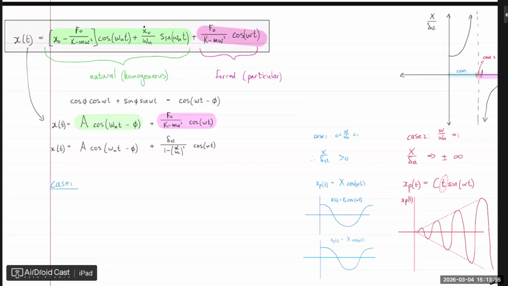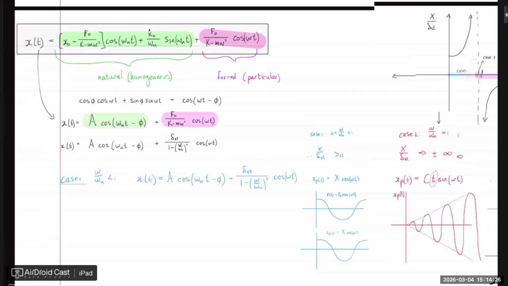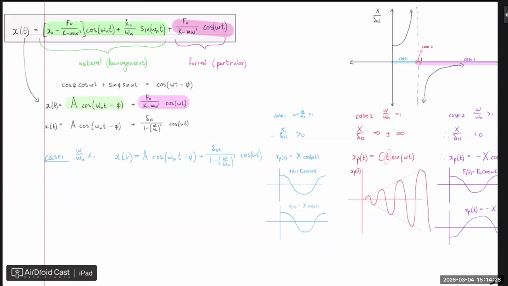So for case 1, where omega over omega n is smaller than 1, we have x(t) equal to A cos(omega n t minus phi) plus this part. And let's just leave it at that last written part, 1 minus omega over omega n squared cos omega t. Just want to make some distinction between these.